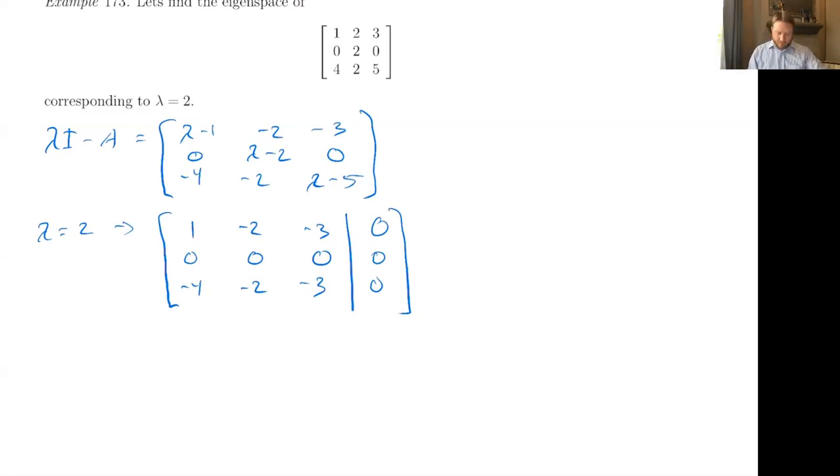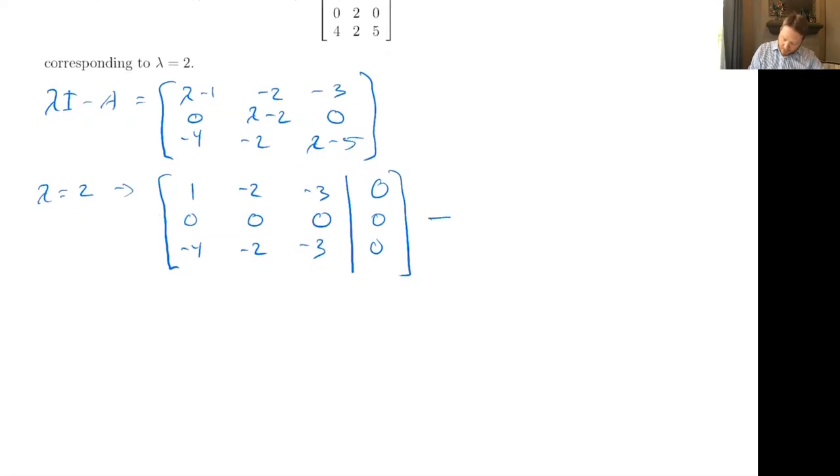Then we row reduce. The 2 by 2s will row reduce easily. The 3 by 3s won't row reduce as nicely. So this row reduces to 1, 0, 0, 0, 1, 3 halves, 0, 0, 0.